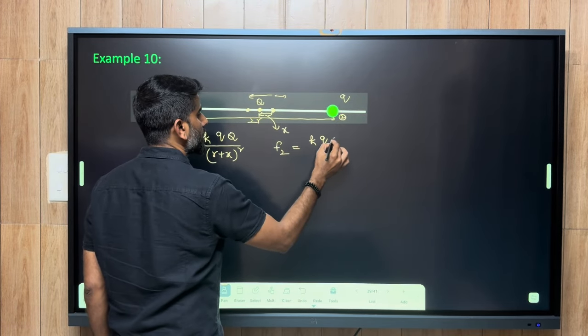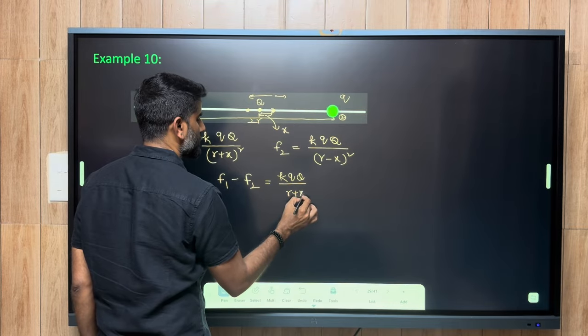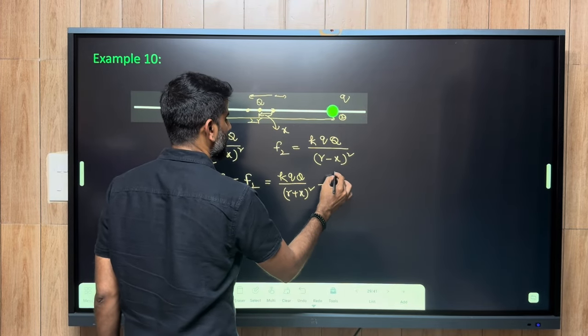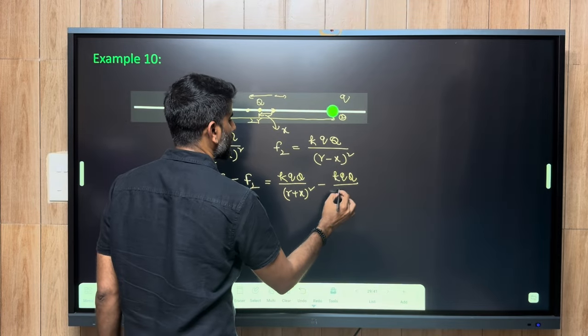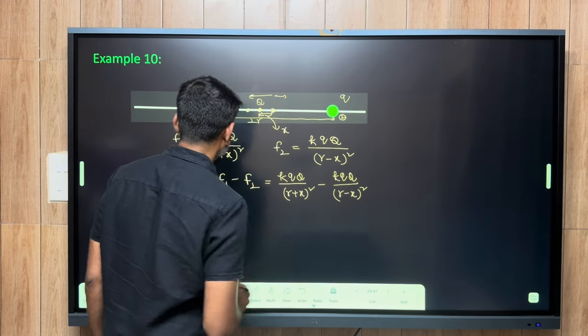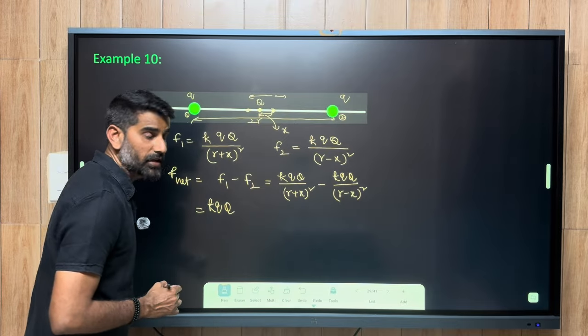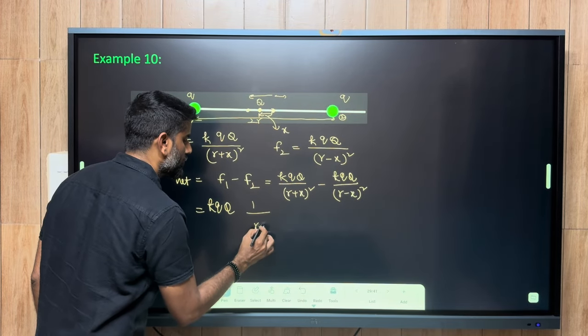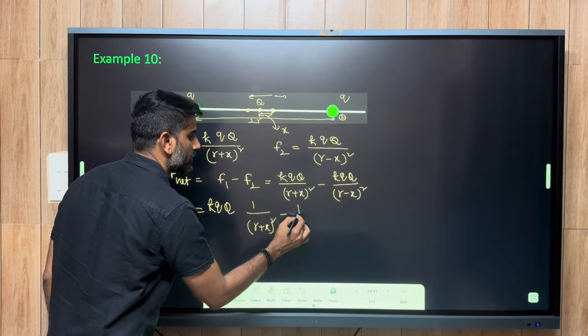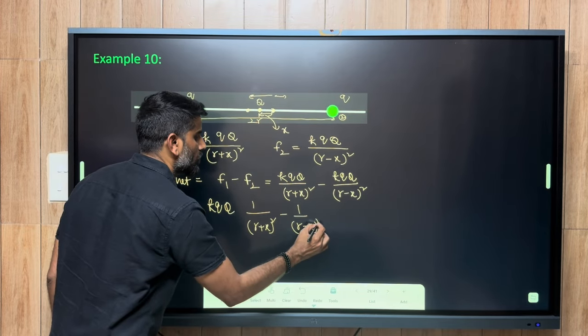Now I am going to find the net force. That means F1 minus F2, as both the forces are in opposite directions. F net is K q Q by r plus x whole square minus K q Q by r minus x whole square. As we have common terms, K q Q has been taken common: 1 by r plus x whole square minus 1 by r minus x whole square.